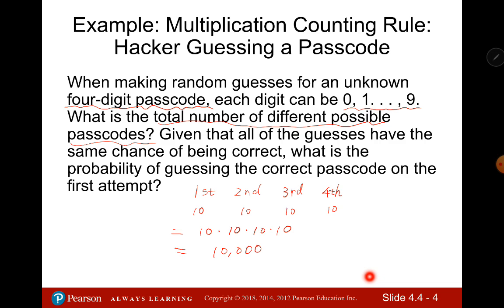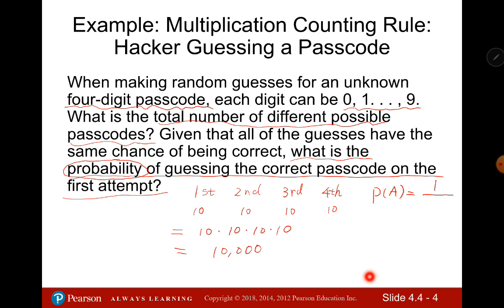Then we check the second question. What is the probability of guessing the code on the first attempt? This second question is about probability, because this time we only try once, the first attempt.